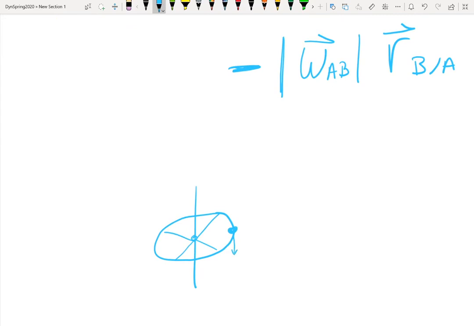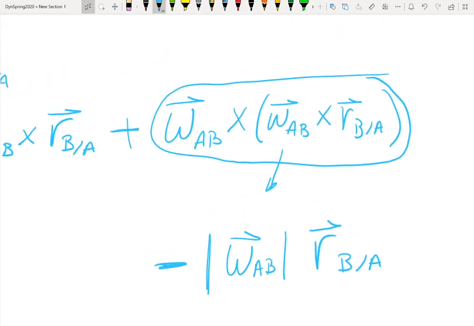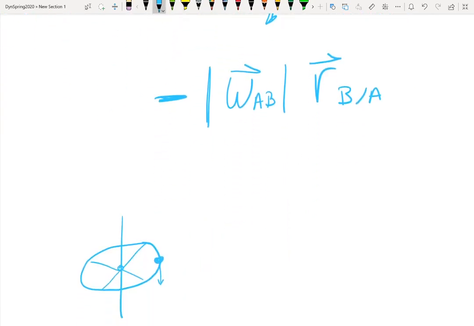So as it turns out, omega cross R is the velocity. So this is the tangential, and so this is nothing more than v squared over r, which is the same thing as omega squared times r. So as it turns out, you look in the book, you'll find out that this equivalency is talked about. We talked about it in class that day.